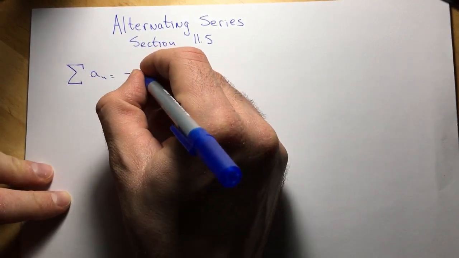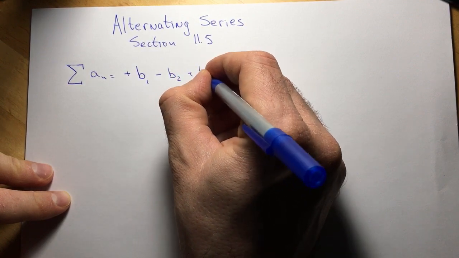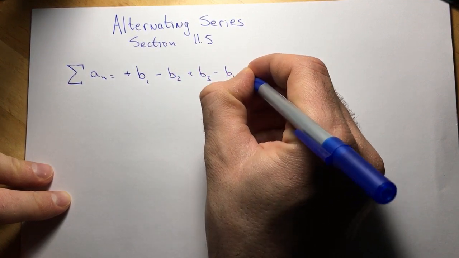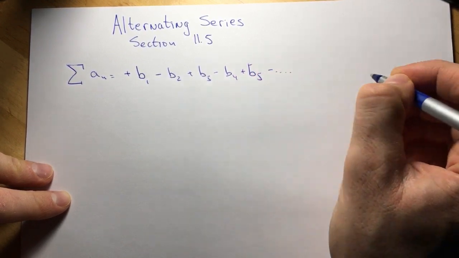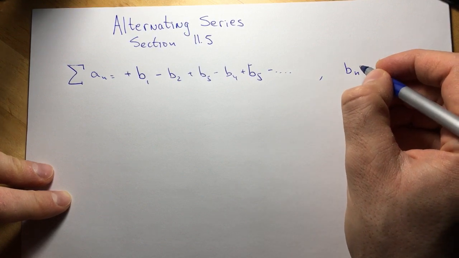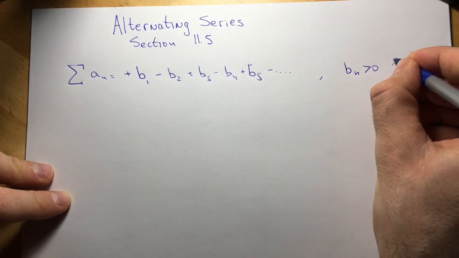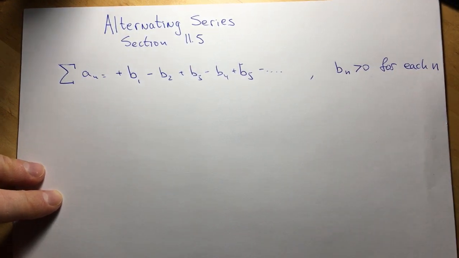series looks like this: b1 minus b2 plus b3 minus b4 plus b5 minus and so on, where bn is positive for each n.